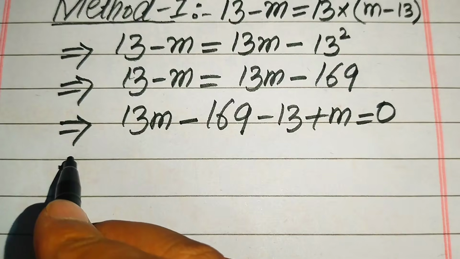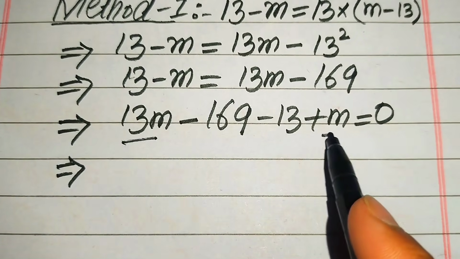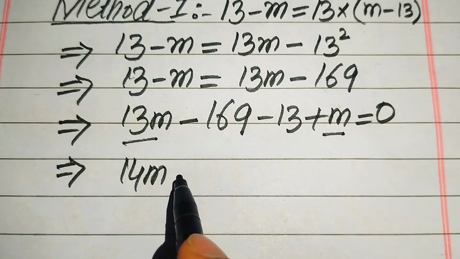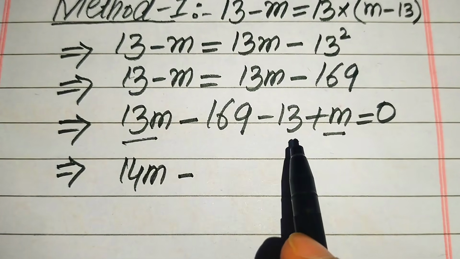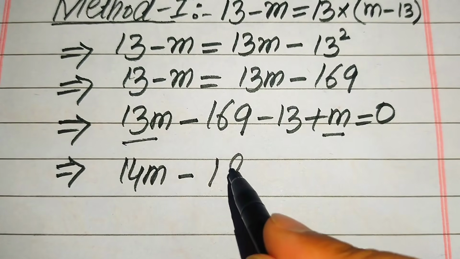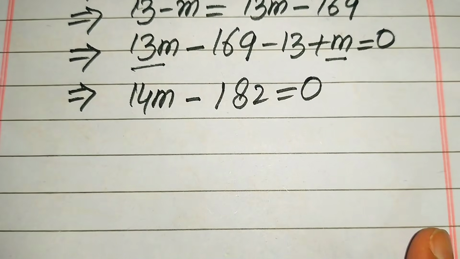Here we need to add or subtract the like terms. We have 13m and positive m becomes 14m, minus 169 minus 13 equals 182, and this whole equation equals 0.